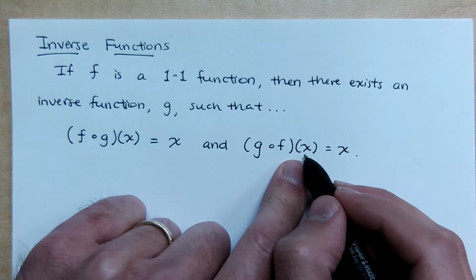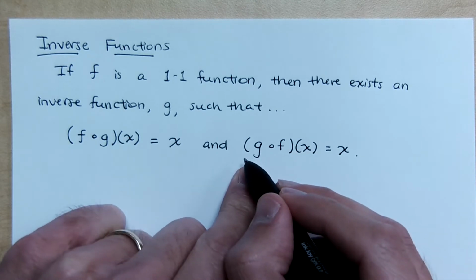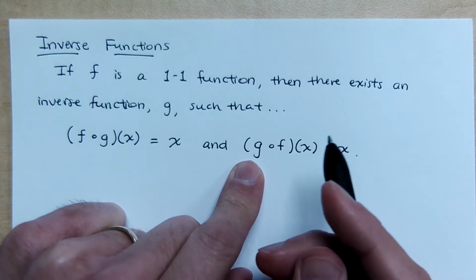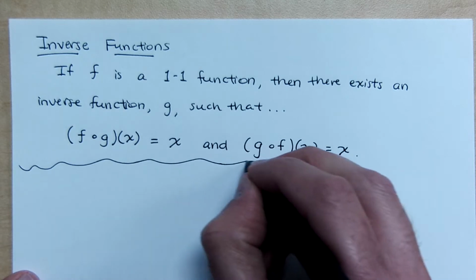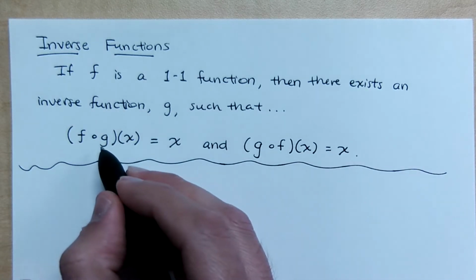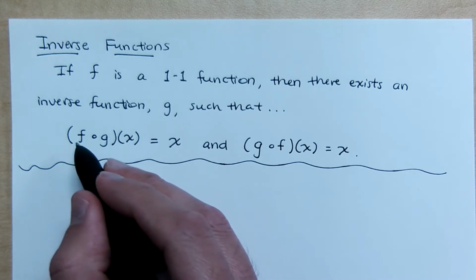Or if you plug the value into f, and f does whatever it does to the value, g can come along and say, okay, let me completely undo whatever you did. For example, if g happens to be the cubing function, what would f need to be to undo cubing?